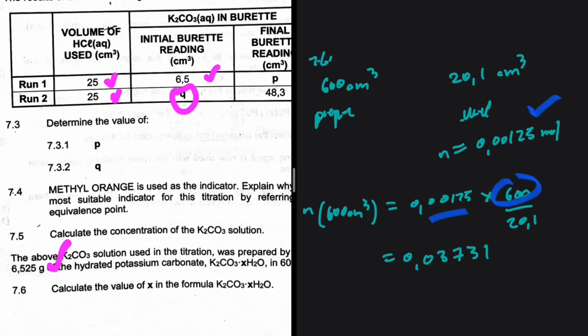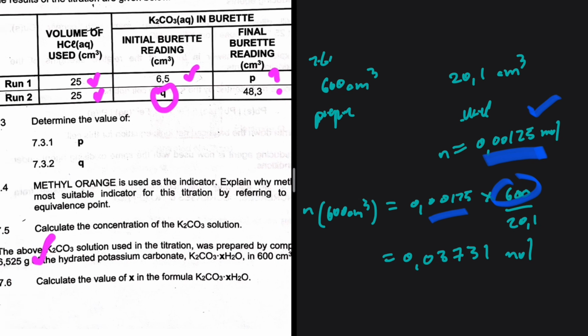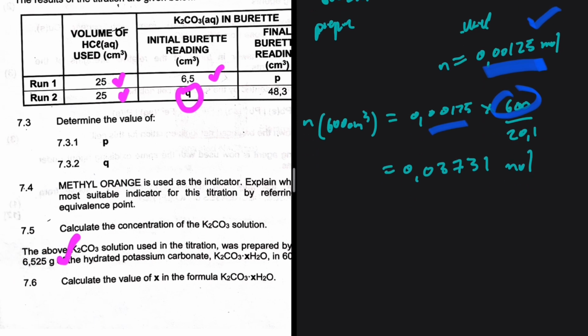So 0.00125 is fine, and then 600 divided by 20.1, 0.03731 moles. Okay, so these are the number of moles when we dissolve 6.525 grams of the hydrated potassium carbonate in 600 centimeter cube of water. So we have the number of moles, we have the mass, we can find the molar mass.